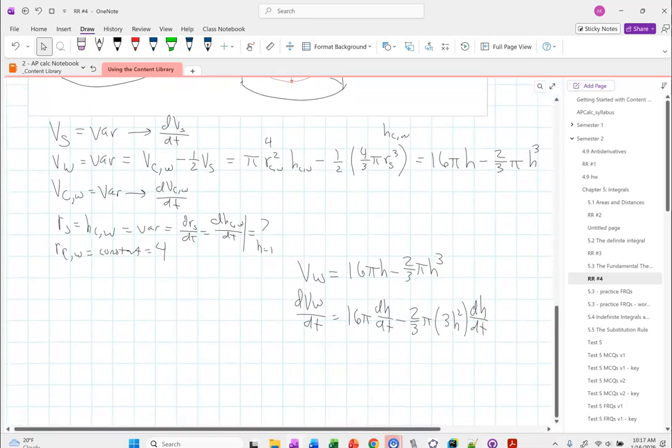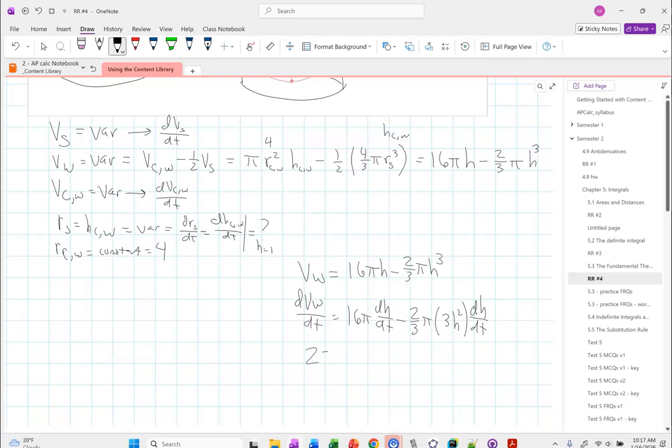We're told that water's coming in at 2, being poured in, and the height at the instant we're interested in is 1. And now it's just some algebra to the finish line, I think.